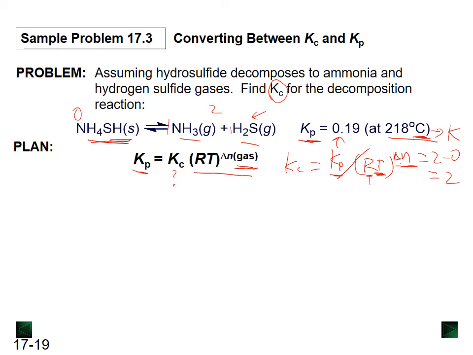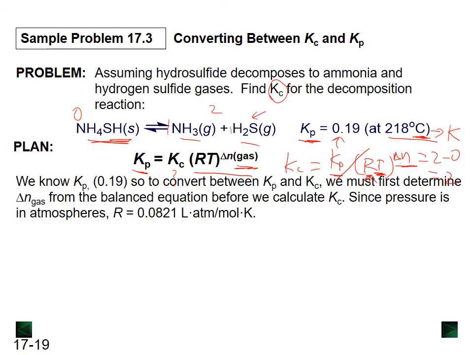Now what about the gas constant R? If everything is in SI units, it should be 8.314. But if the pressure is in atmospheres, as we usually do, then the R constant is 0.0821 liter atmosphere per mole per Kelvin. So the R constant depends on the units, and if the pressure is in atmospheres, you should use this number.